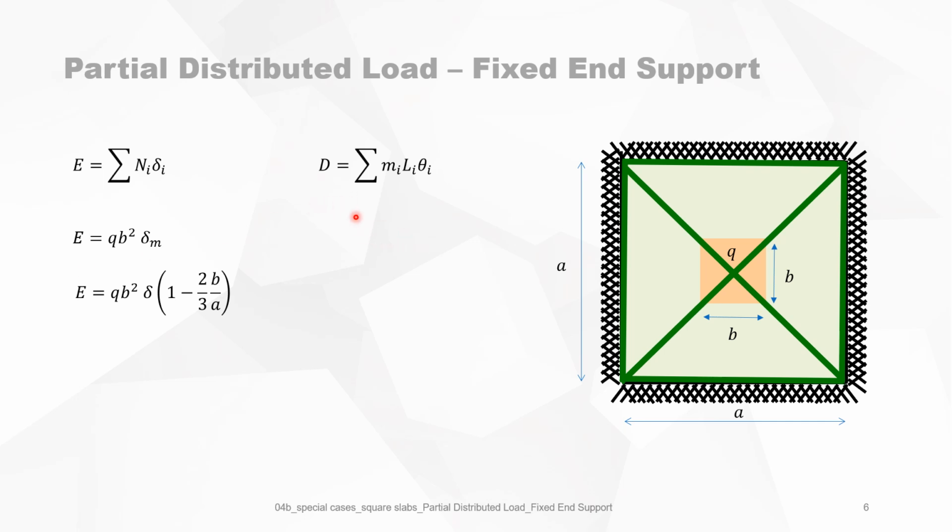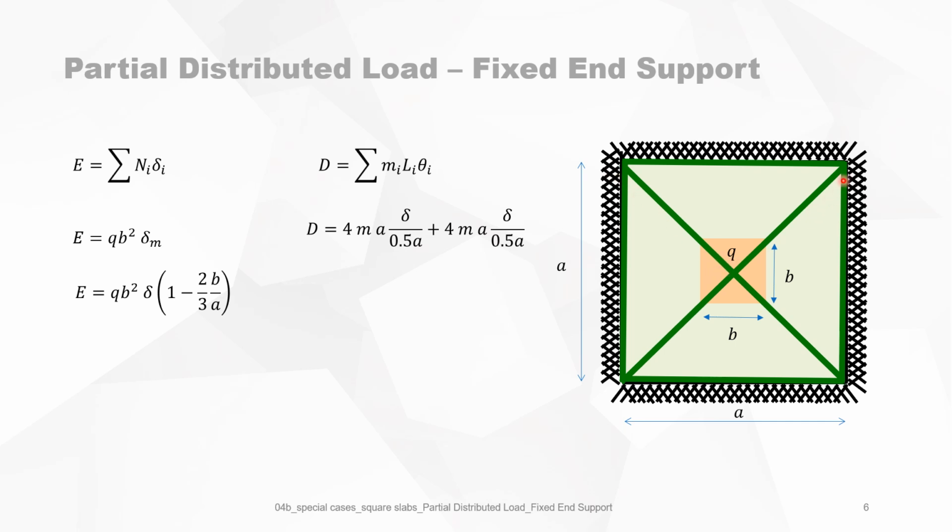The work done by the internal forces is the integral of the bending moments multiplied by the projection of the yield lines to the axis of rotation times the angle of rotation. So here in our case, we got this bending moment projected on this axis of rotation, which is of length A, and the rotation angle is of course delta divided by A over 2.